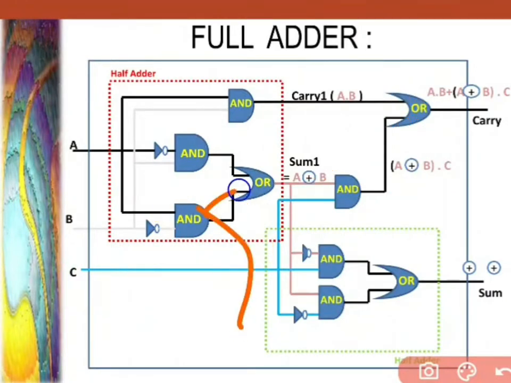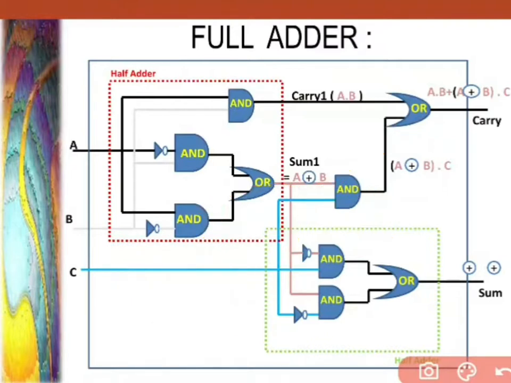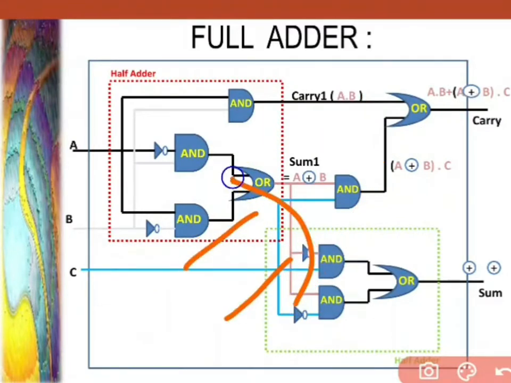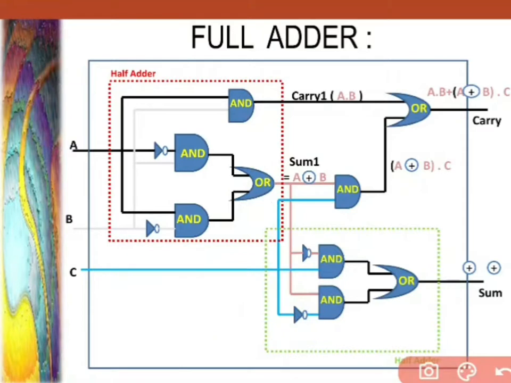But the OR gate forwards the carry when any one signal is 1. If we use any other gate, it is not possible. That's why we are using the OR gate here.